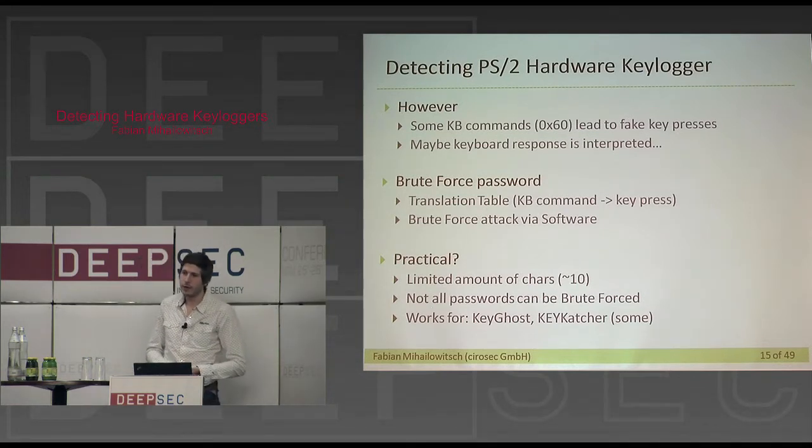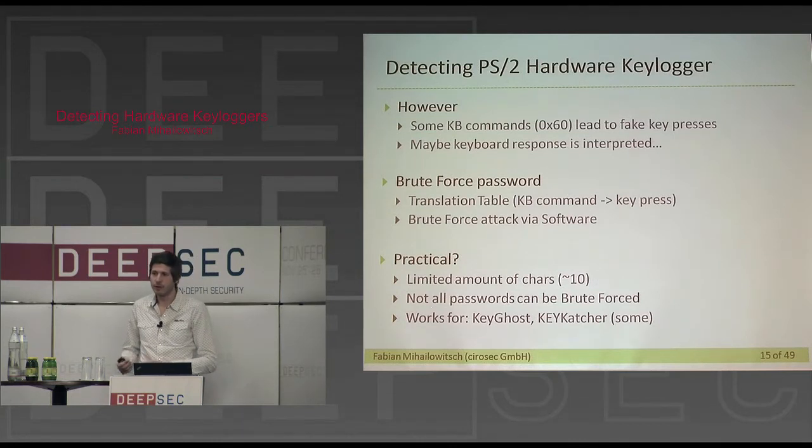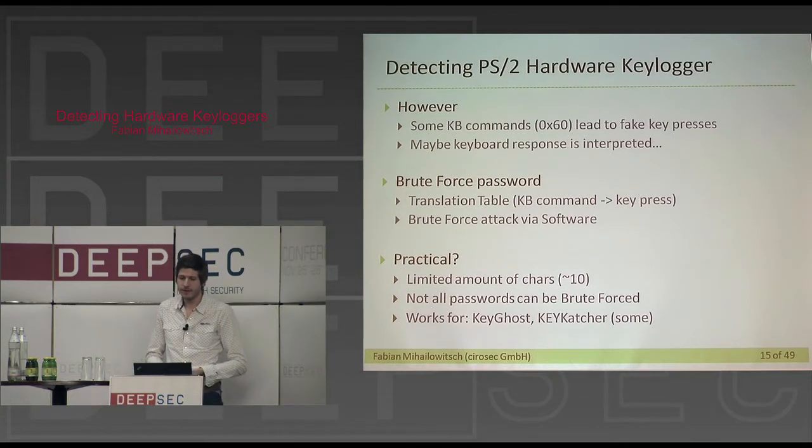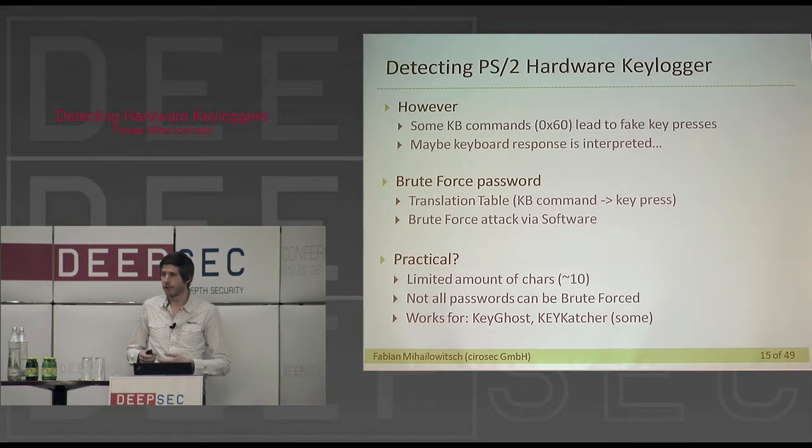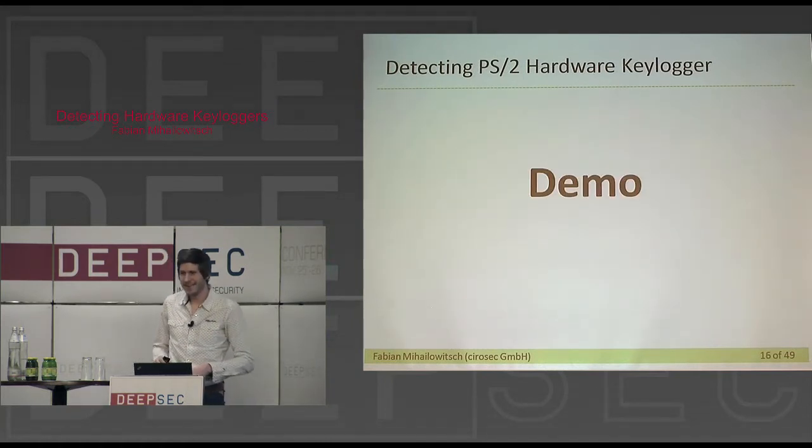What you can do now is create a translation table of which keyboard command leads to which key press, and then you can try to perform a brute force attack via software, and it does work. The problem with the practical use is that you only have a limited set of characters. You just have like 10, so that way you can't brute force all passwords, and it just works for some models. However, since it does look quite nice at least, I want to show you a short demo.